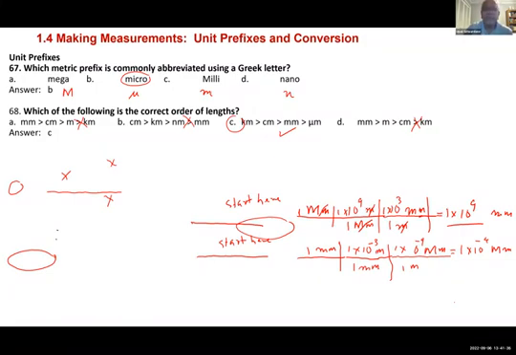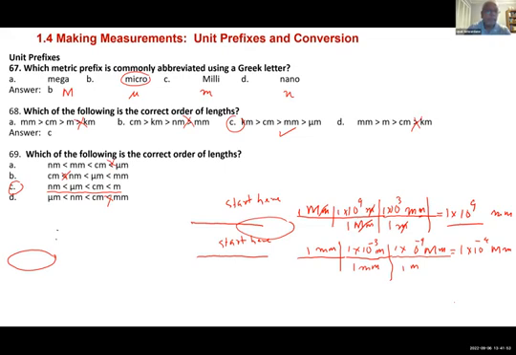Prefixes, whether they are in order of length, they are larger or smaller. Which order is the correct order of length? I found a contradiction here: centimeter cannot be less than micrometer.